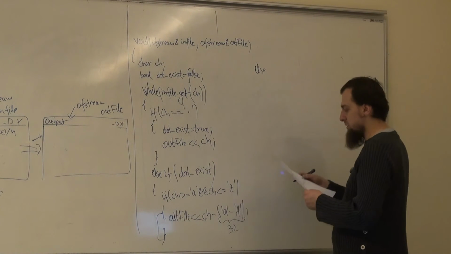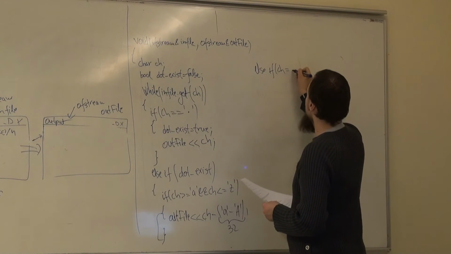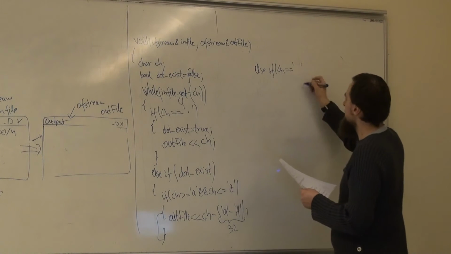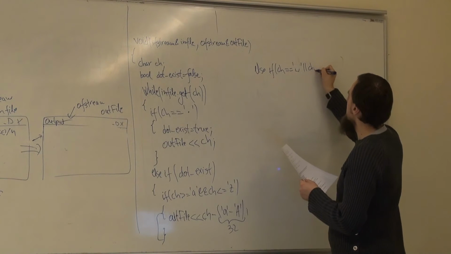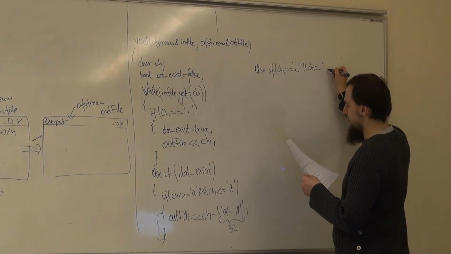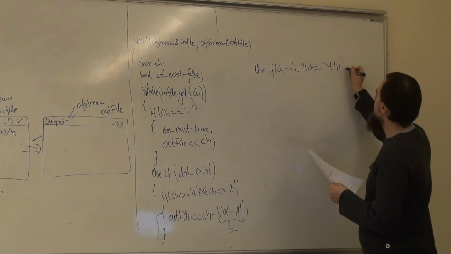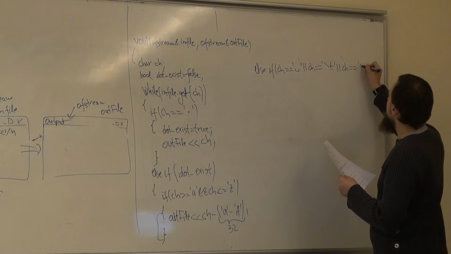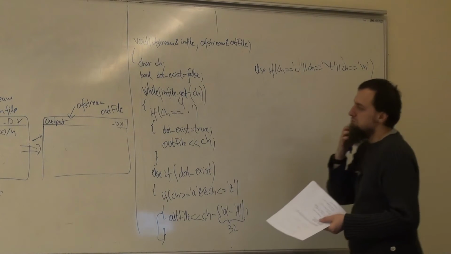If it's not a character, else, if the character that we have already seen is equal to an empty space, this is how we write an empty space, or it's equal to a tab value, this is how we write the tab, or if it's a new line, this is how we write a new line, then just, what should we do?